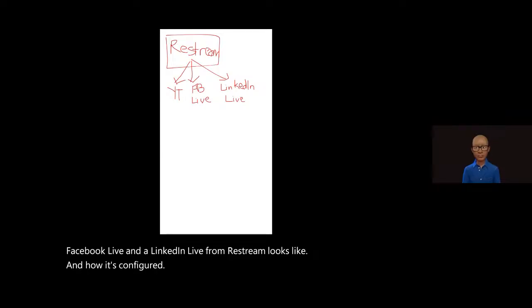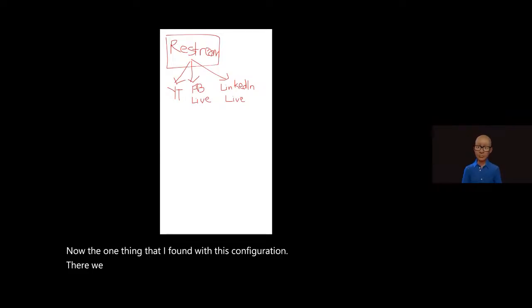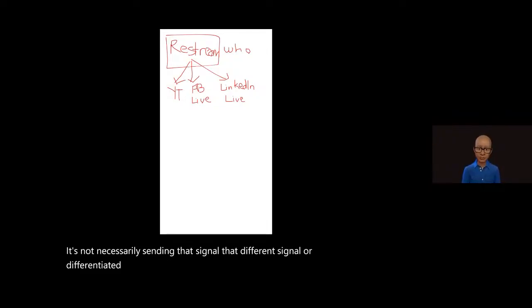Now, the one thing that I found with this configuration, there we go, is that because Restream is controlling who is presenting from Teams, it's not necessarily sending that differentiated signal to LinkedIn and Facebook.